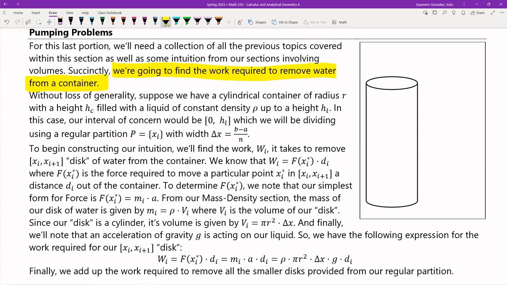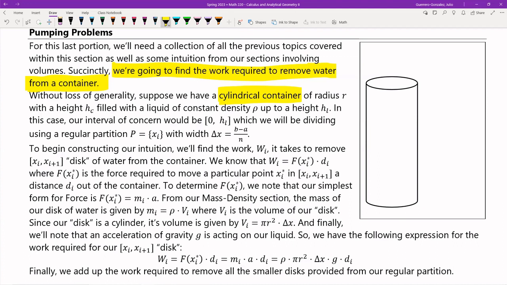Now, like I said, I'm going to be doing a construction here using a cylinder.